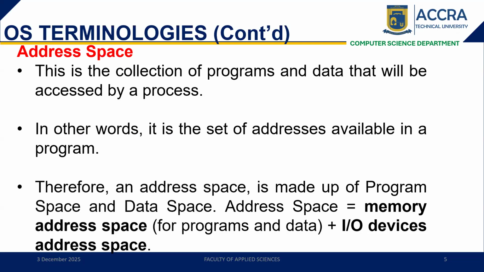So the address space normally is made up of the program space and the data space, whereby you have the memory address space that is also going to add to the input and output devices in terms of the address space. So putting the programs and data in the right perspectives, apportioning them so that each particular data or each particular program that will be accessed by a particular process will be available for that to be done.